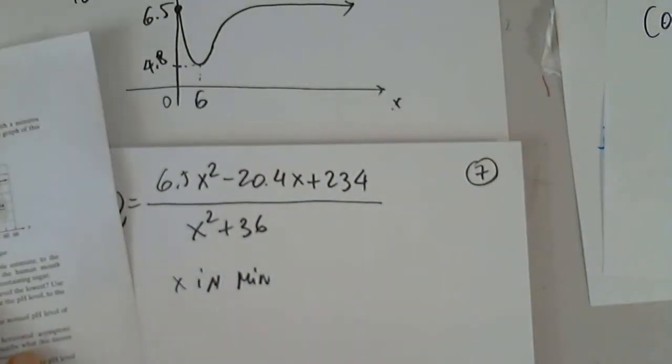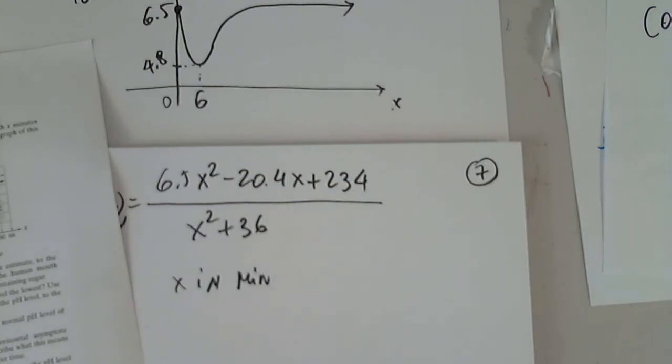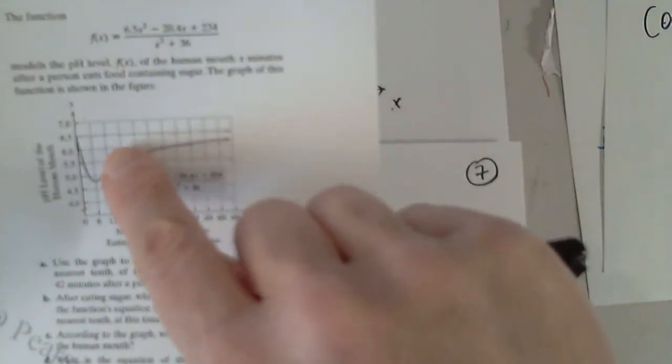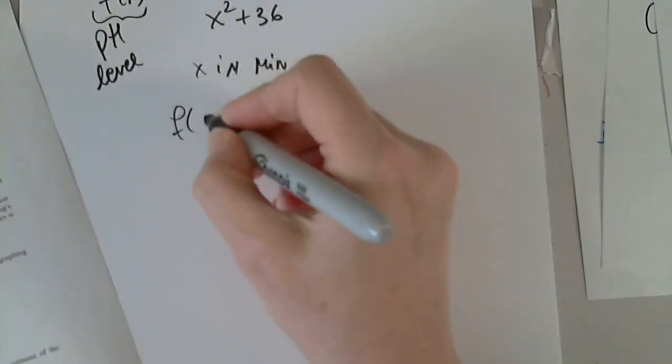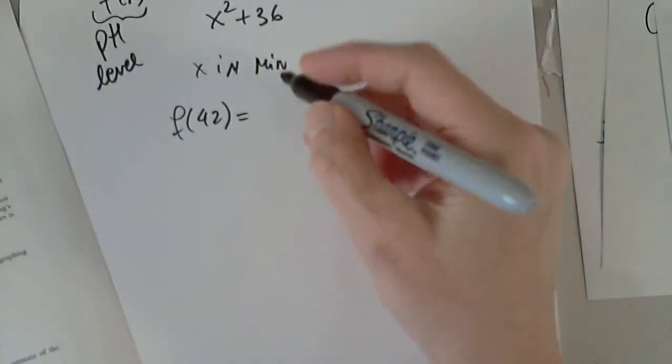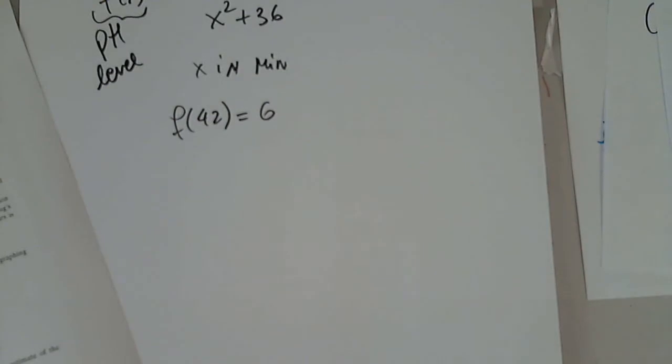So the first question, use the graph to obtain a reasonable estimate to the nearest tenth of the pH level of the human mouth 42 minutes after a person eats food with sugar. So here's 42. I will say roughly 6. So from the graph, they want us to find F of 42. It appears to be 6, no measurement unit for the pH level.